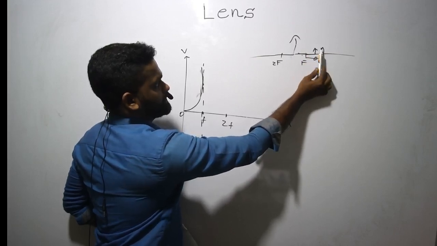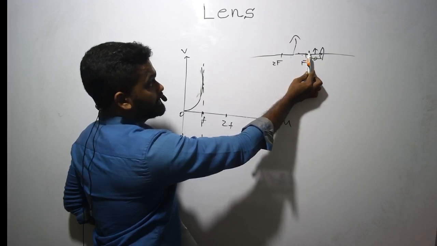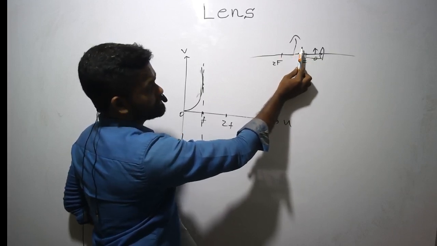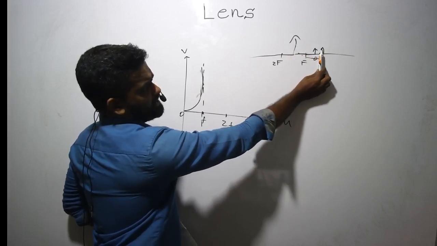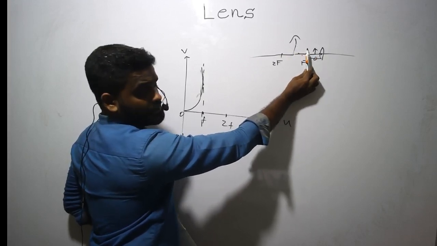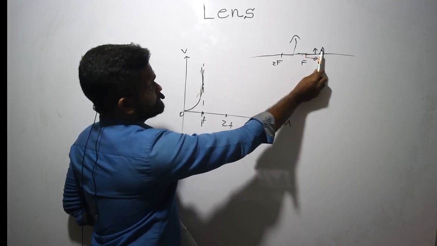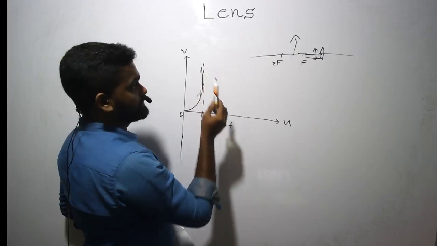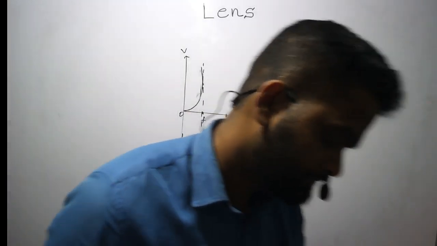You are bringing the object from here to here, moving the object. Then what happens to the image? When you are moving the object from the lens to f, the image moves from 0 to infinity.